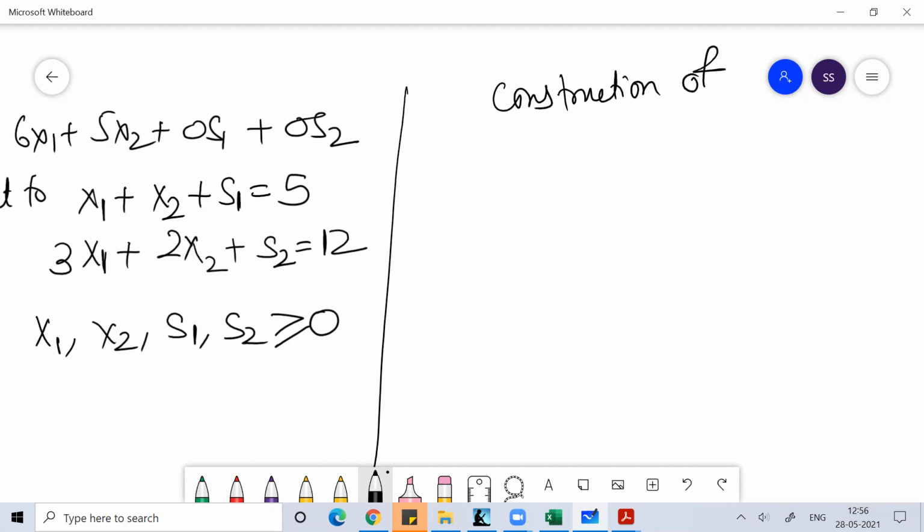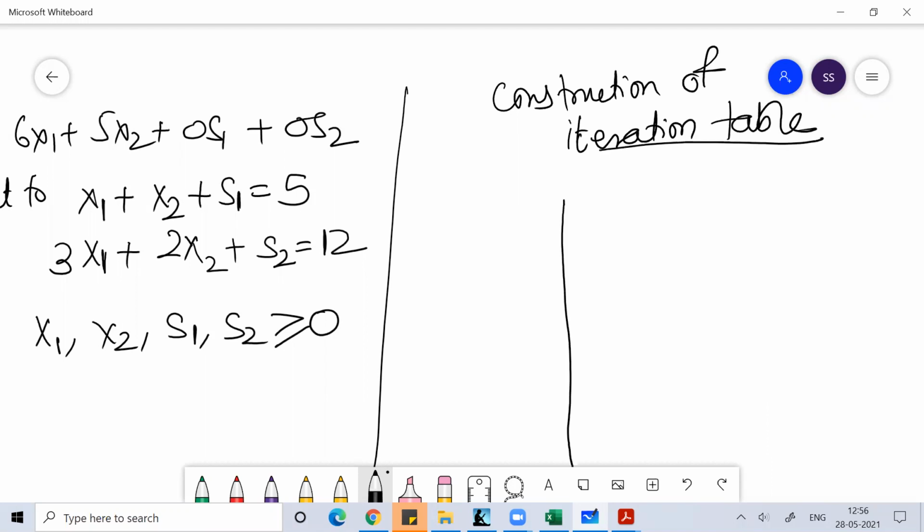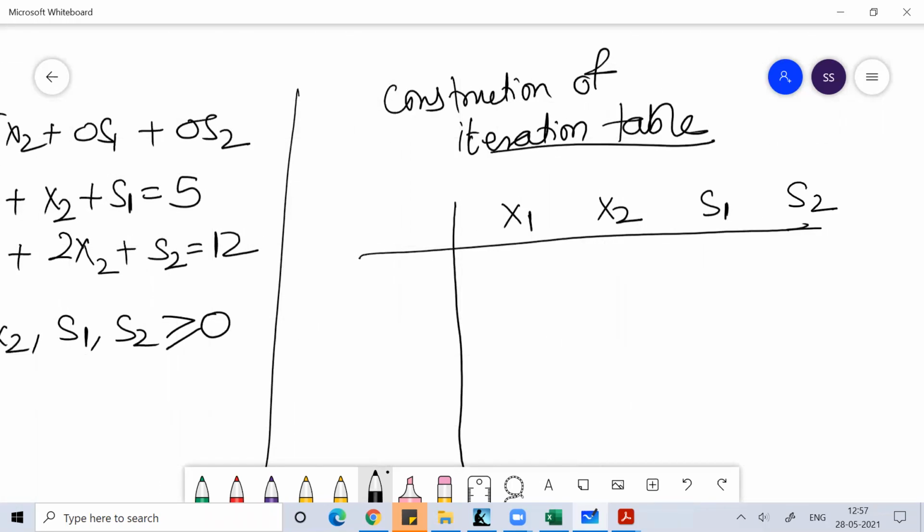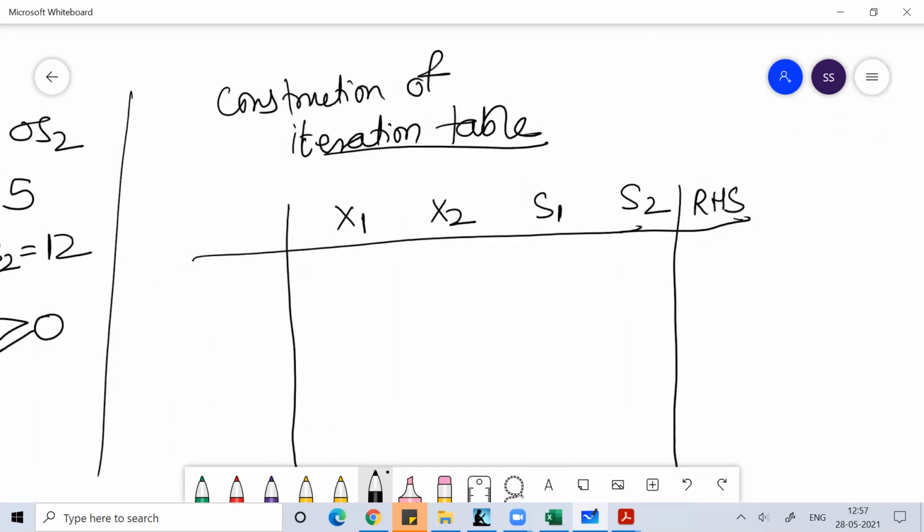Construction of the iteration table: I'll construct the iteration table here with x1, x2, then s1, and then s2. Then I'll write RHS, and then I'll write theta.